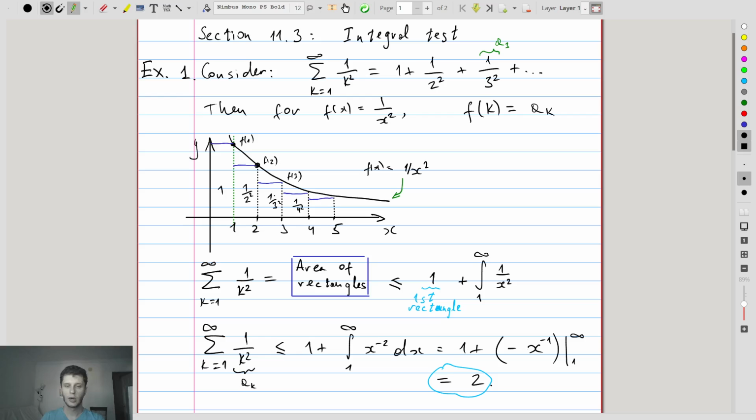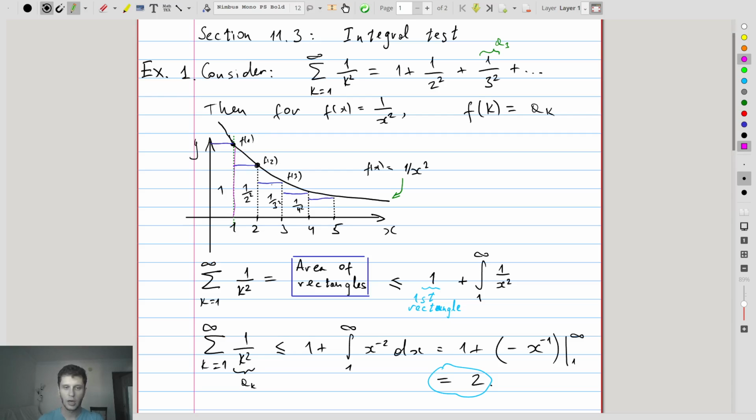So we have now visualized the series that we have, 1 over k squared, as areas of a bunch of rectangles, all of which are under the graph of 1 over x squared. However, if we think about the integral of 1 over x squared, the integral starts at this line here, right? So it does not include the first rectangle.